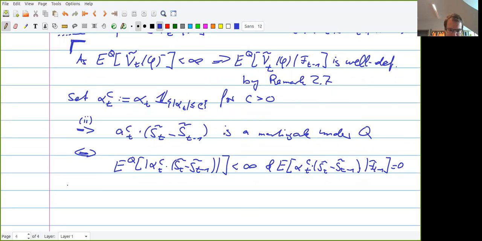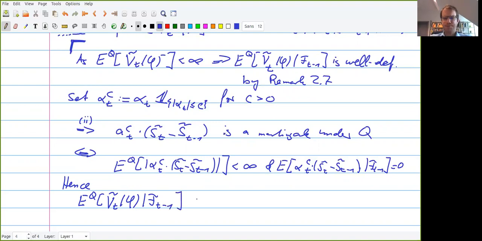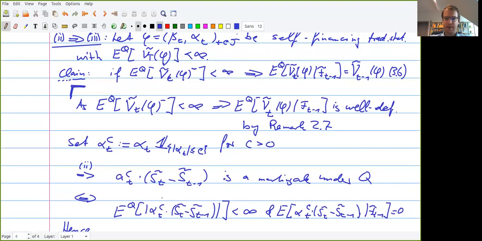So now, how can we use this? We want to show that if we consider the conditional expectation under Q of the discounted value process, the conditional expectation with respect to F t minus 1, then this is equal to the discounted value process at time t minus 1 of phi.